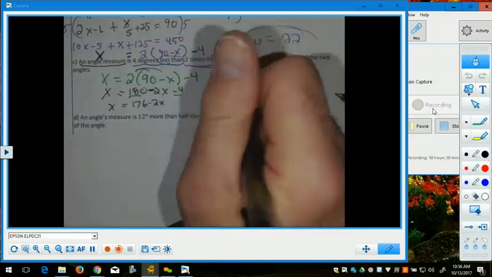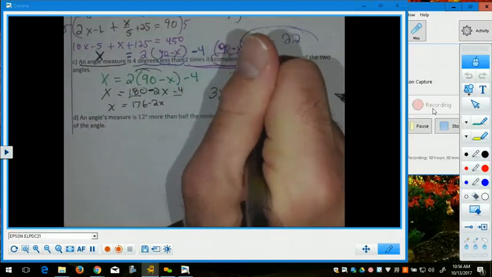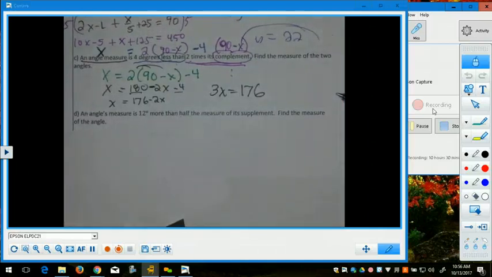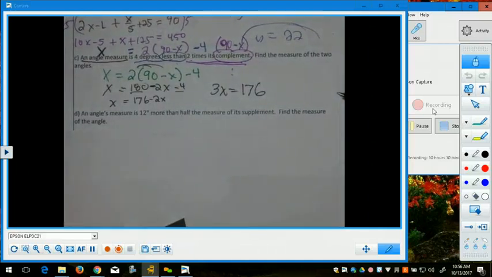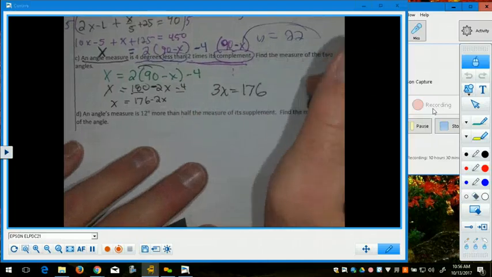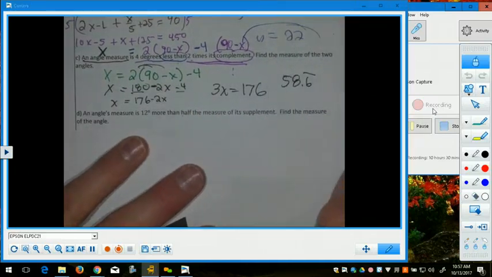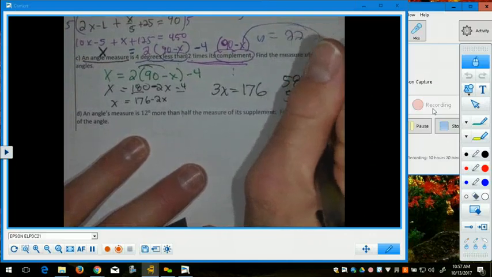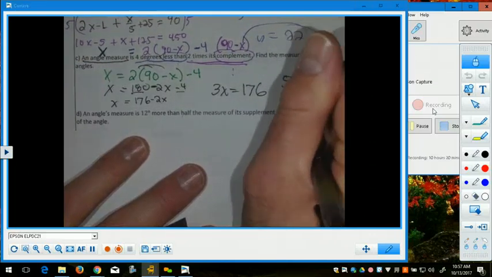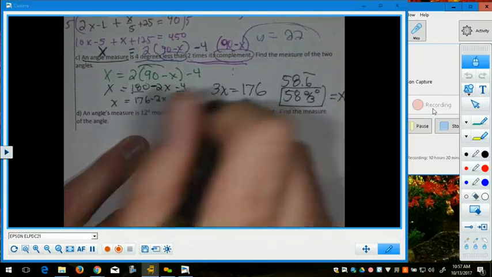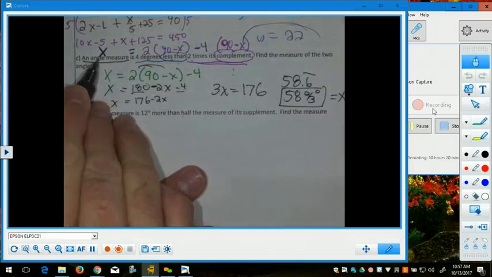Add 2x to both sides. I get 3x equals 176. 176 divided by 3 is 58.6 repeated. What's 0.6 repeated? 2/3. 58 and 2/3 of a degree is the answer for x, the angle itself.